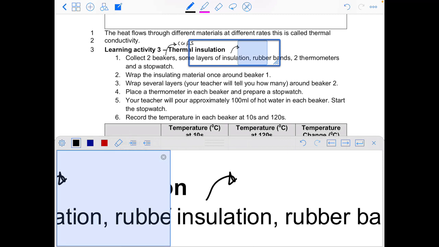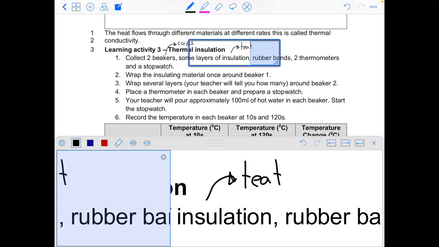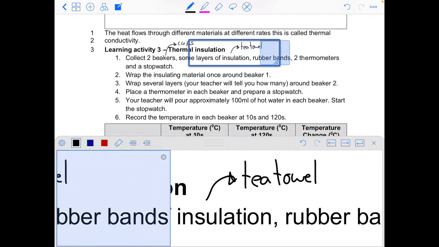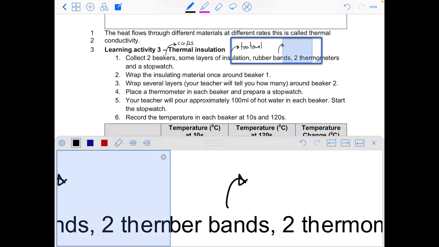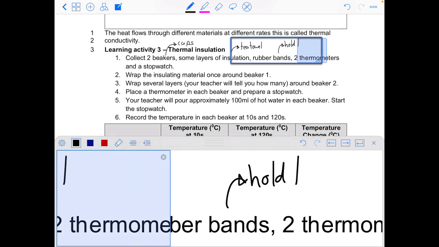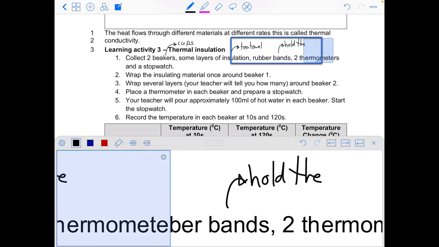For this, you could use a tea towel, a scarf, a hand towel, any kind of layer of fabric that's about that size. A couple dish rags could work as well, even some paper towels. Some rubber bands. These will be used to hold the fabric to the cup.